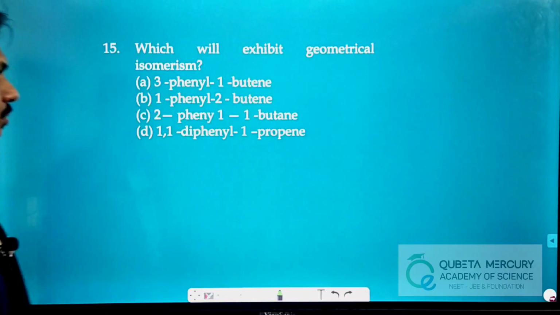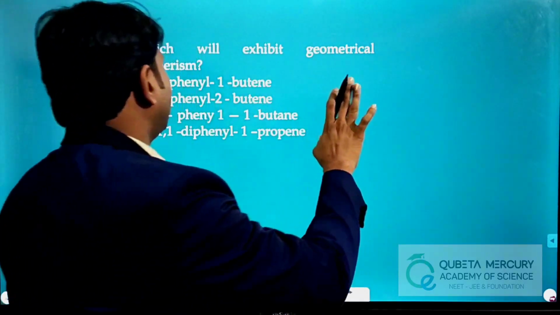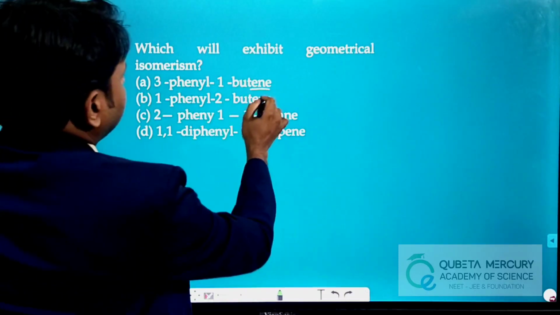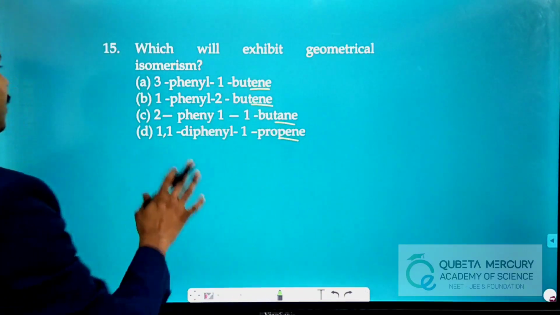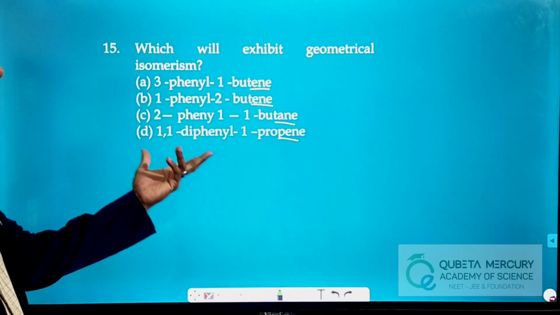Which will exhibit geometrical isomerism? See, what is the condition for showing geometrical isomerism? Either the molecule should have a ring. From this example, you can see that there is no ring. Everything is an alkene or alkane.